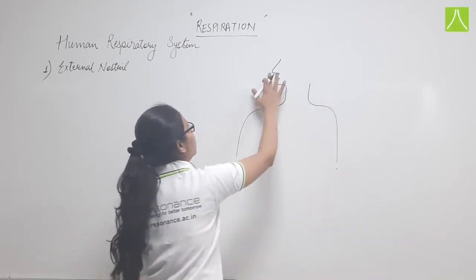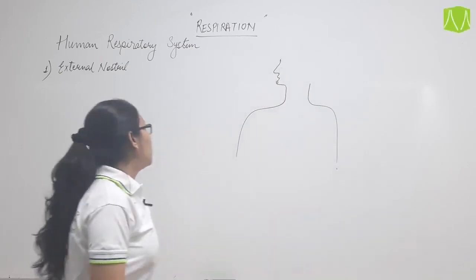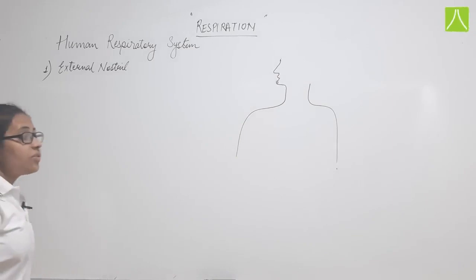Human respiratory system starts with the external nostril.